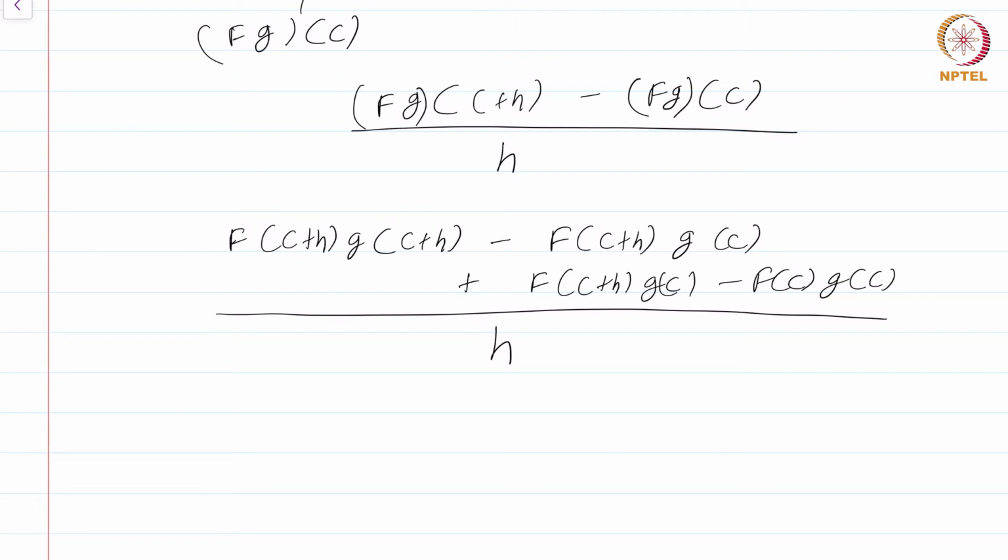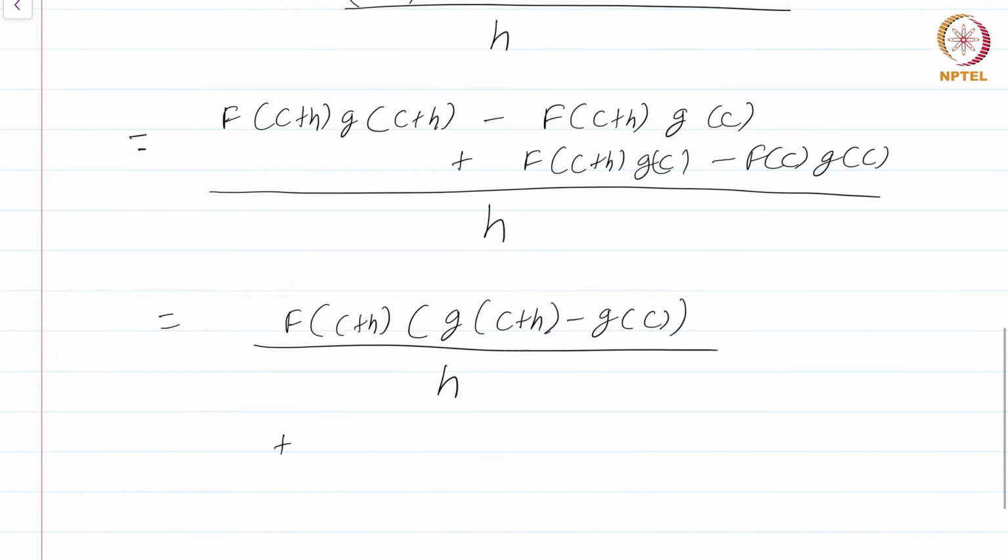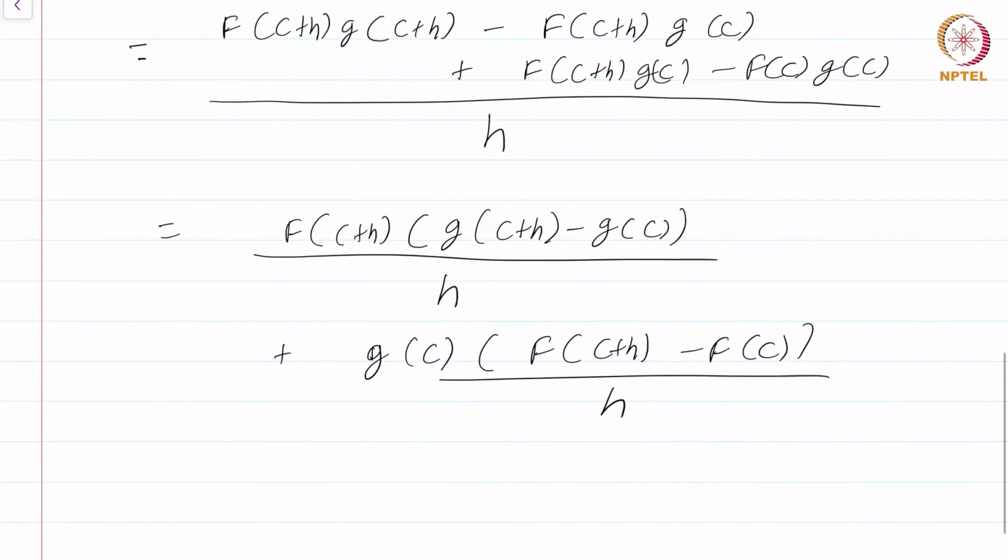Now, this will be equal to f of c plus h times g of c plus h minus g of c by h, plus g of c into f of c plus h minus f of c by h. Taking limits, limit h going to 0 immediately gives the result.